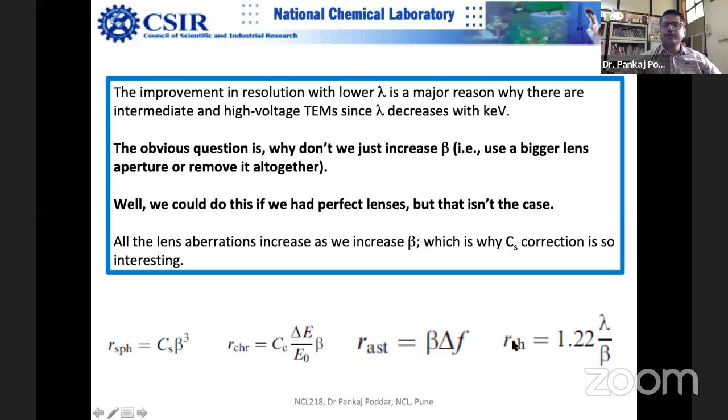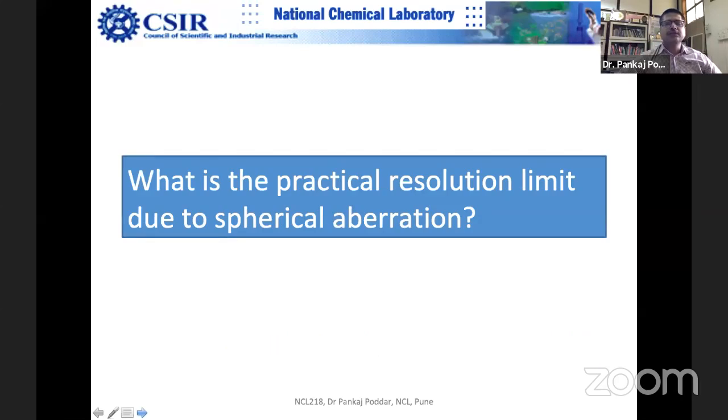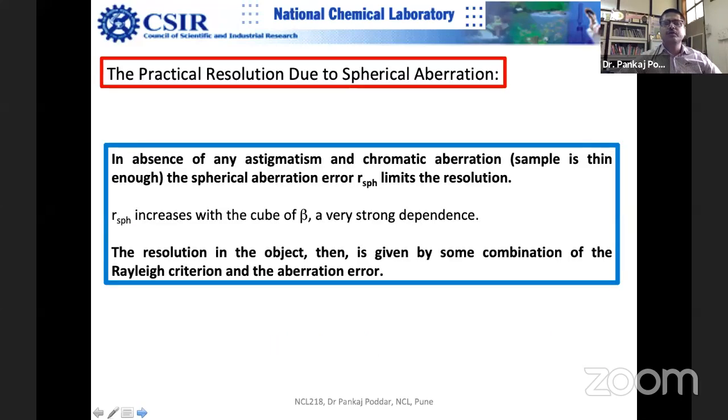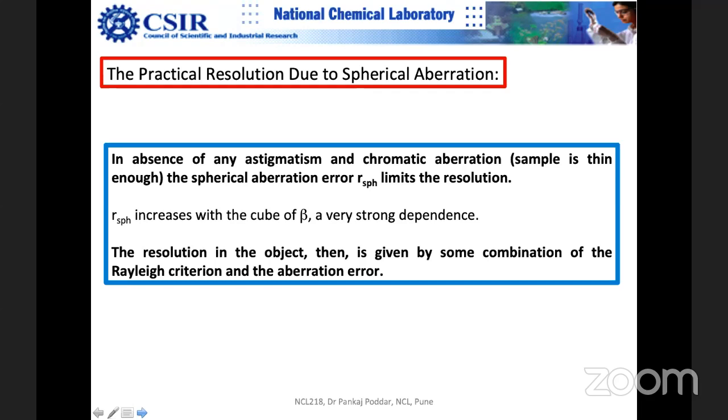If you want to decrease R theoretical, you have to increase beta. But if you increase beta, these values will go overboard, especially this because here is the cubic term. So you can balance it out and find a common minimum, like all the political parties do in a coalition.